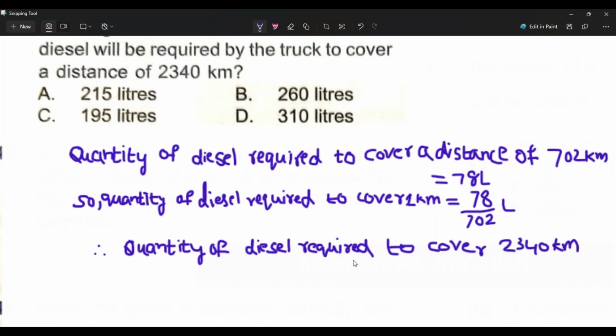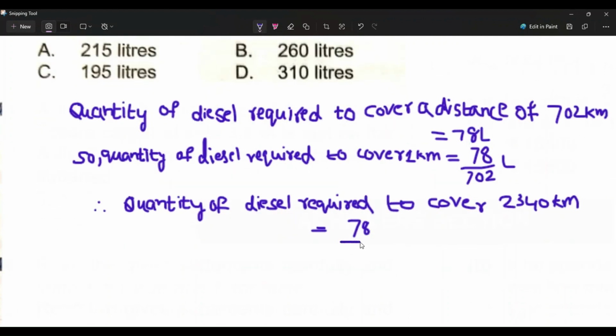Therefore, quantity of diesel required to cover 2,340 kilometers is equal to 78 divided by 702 into 2,340.